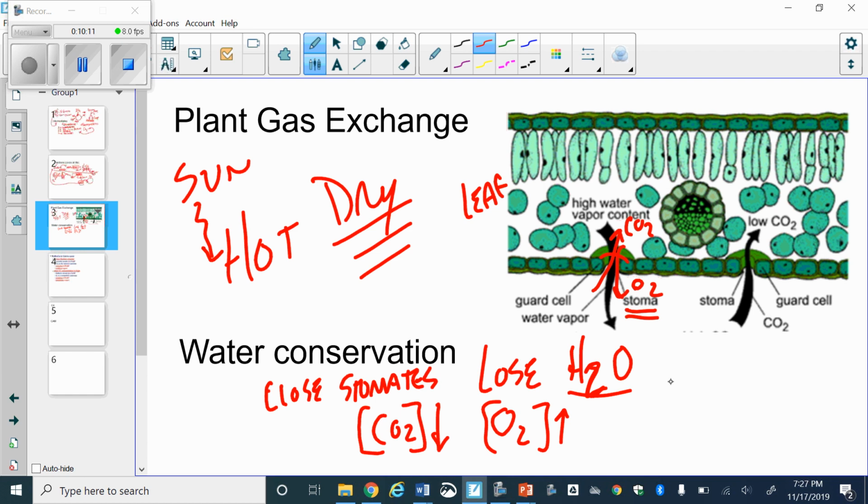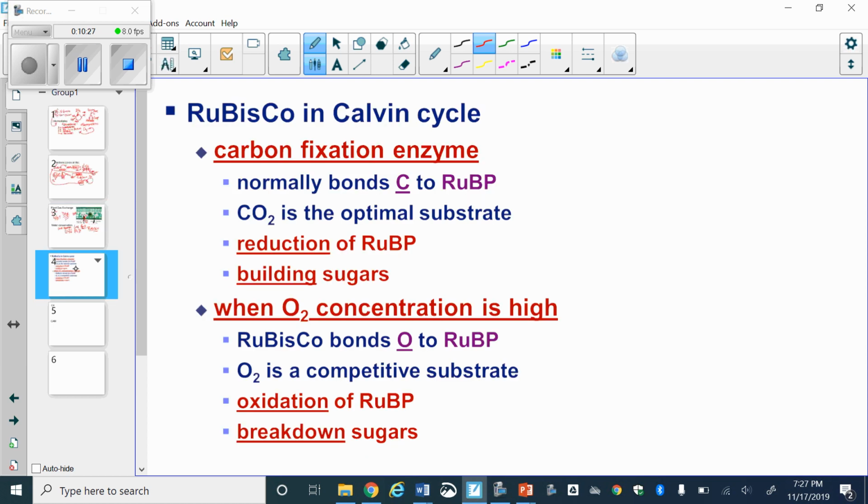resides in the amazing enzyme that we've already discussed, which is Rubisco, right? So Rubisco is going to have this problem with this change in concentrations that we're starting to see right now in this plant. Normally Rubisco in the Calvin cycle, let's just review, bonds CO2, carbon, into RuBP.